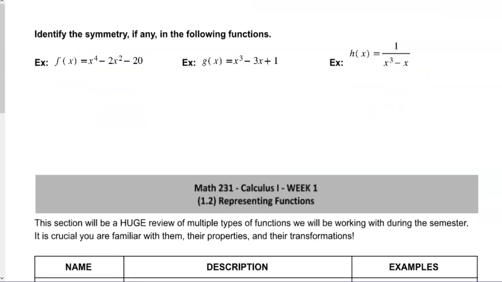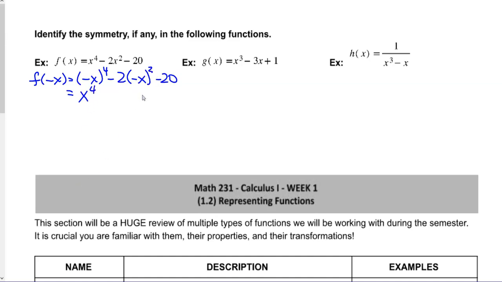So here are our last three examples of this marathon section. We want to identify symmetry, if any. Let's start by figuring out what f of negative x is. When we have a function, the easiest way is to evaluate f of negative x to see what you have. Notice that when I take negative x to the fourth, that just kicks out a positive x to the fourth.